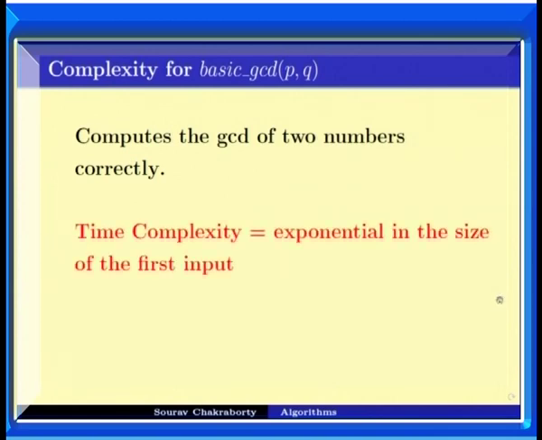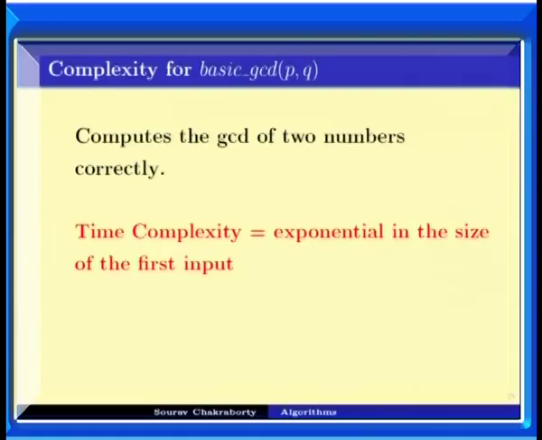We also proved that the time complexity is basically the number of steps required. In this case it will be something like 4p, where p is that first integer for which we are finding the GCD. Now, since the given input is a binary representation of the integers p and q, the length of the input or the input size is log p to the base 2 plus log q to the base 2.